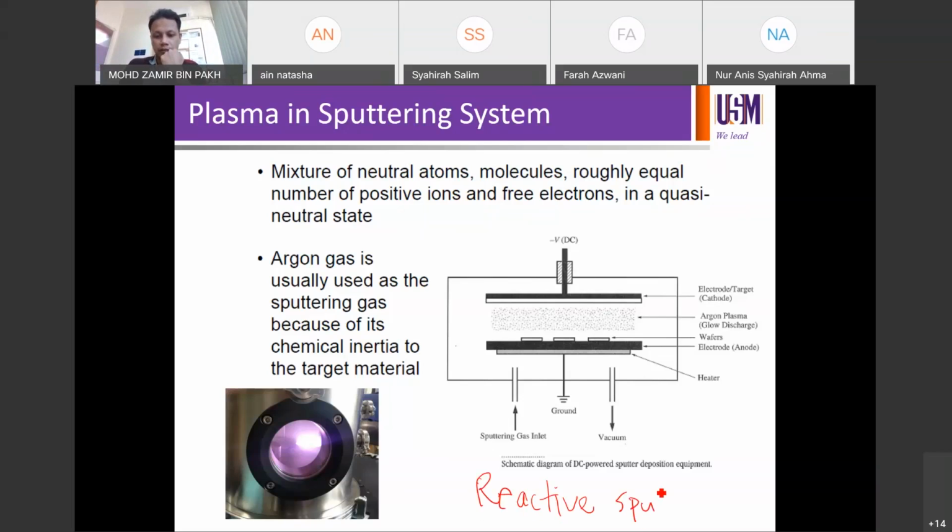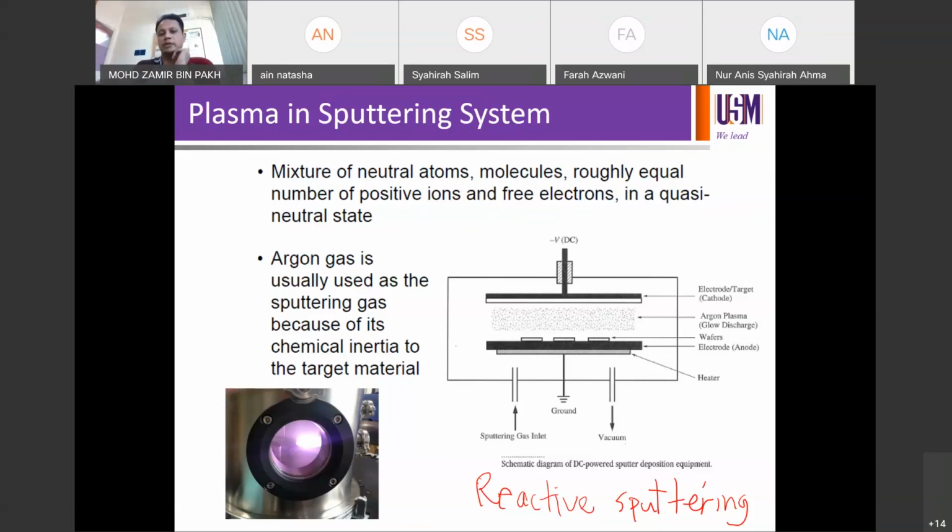In the default condition, you don't want any reaction of your target material with the gas. So, for example, if you have ITO target to be deposited, then you're gonna have ITO deposited on your silicon. Done.